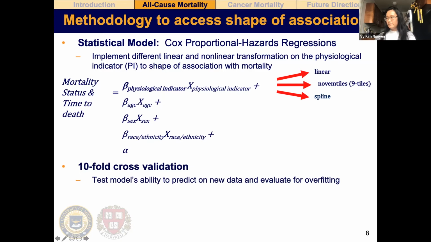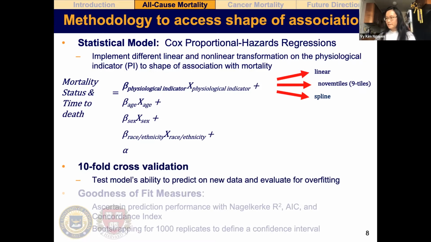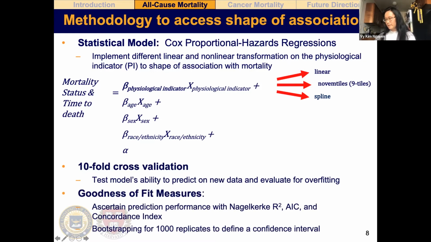To look at prediction performance and to evaluate for overfitting, we did tenfold cross-validation and used these metrics: chi-square, AIC, and concordance index. To define a confidence interval around these measures, we did bootstrapping with 1,000 replicates.